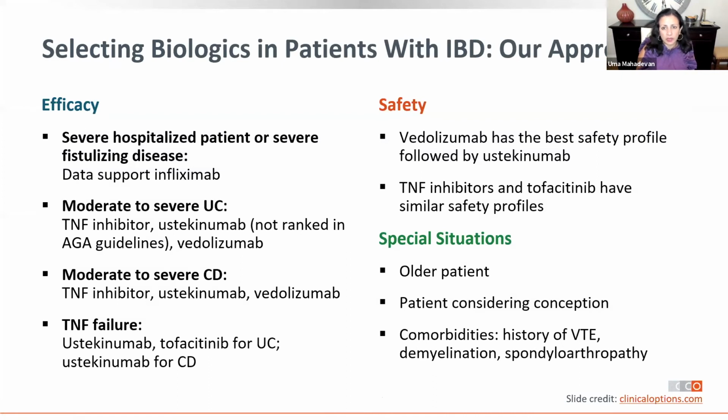So how do you pick which biologic you want to use? This is essentially how I do it. Severe hospitalized patient or severe fistulizing disease, I'm going to go with infliximab in combination with methotrexate or azathioprine.